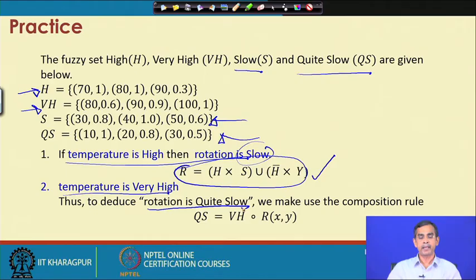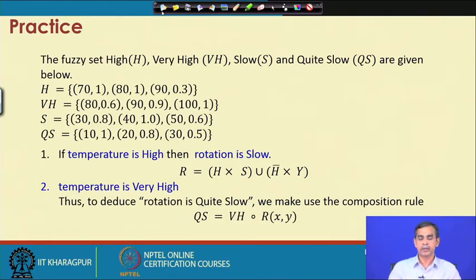So, we can apply GMP in this case, because these are given and we have to derive this one: x is A, y is B, x is A dash, we have to obtain y is B dash. So, we can apply GMP, and this is the final formula that can be used to calculate this. Now, if we take this calculation, we can check the result that can be obtained.